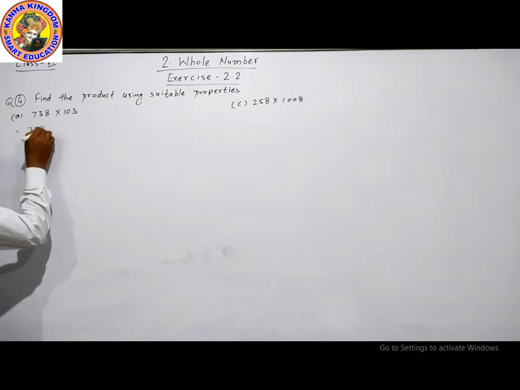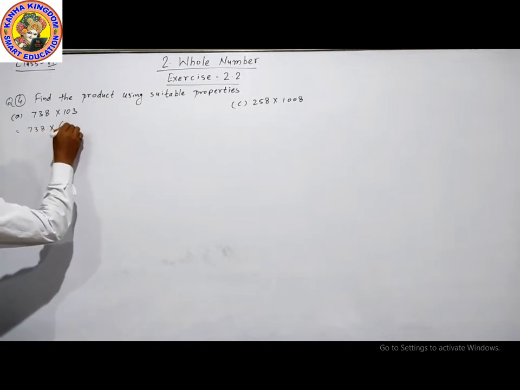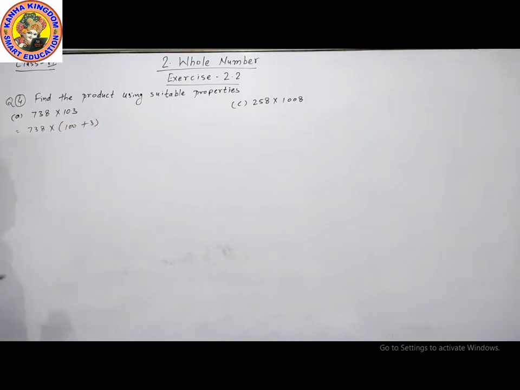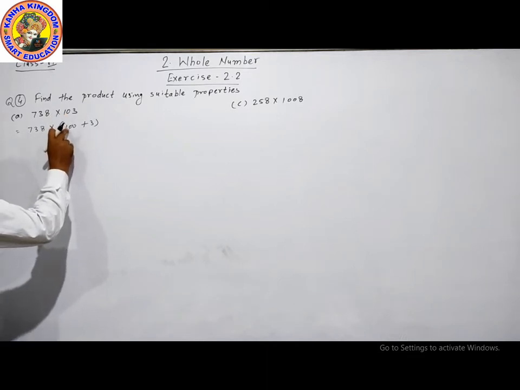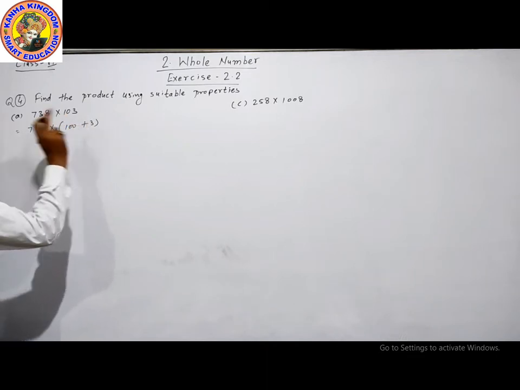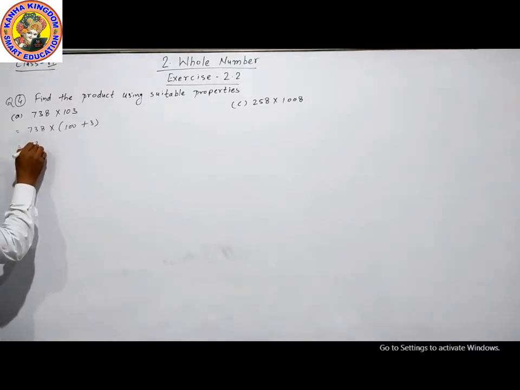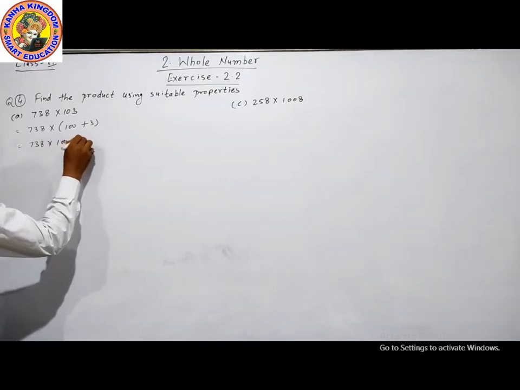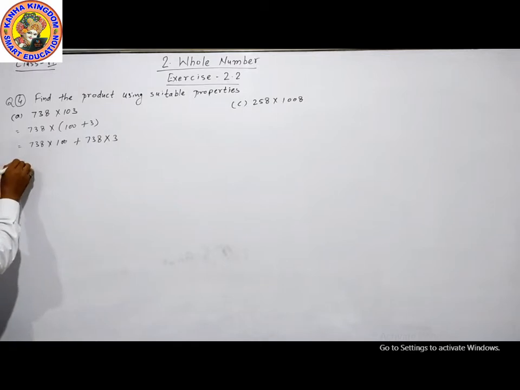So 103 will break into 100 plus 3. Now we are opening the bracket. 738 multiply by 100, then 738 will multiply by 3.